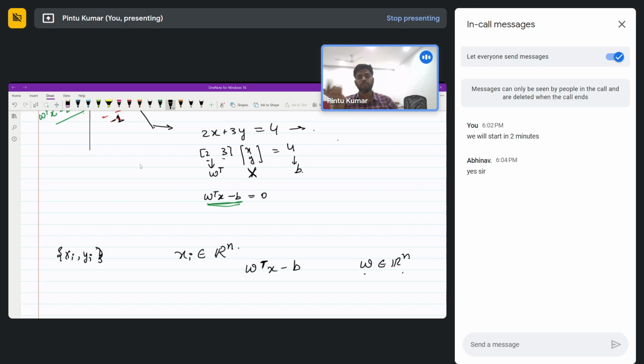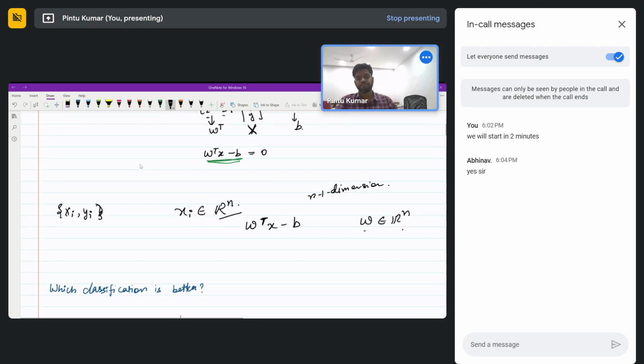So in 2 dimensions you got a 1 dimensional line to separate. In 3 dimensions you will get a 2 dimensional plane to separate. Similarly, if your data set belongs to Rn, you will get an n minus 1 dimensional hyperspace. So that will separate your data points. So this is the equation of your hyperplane.